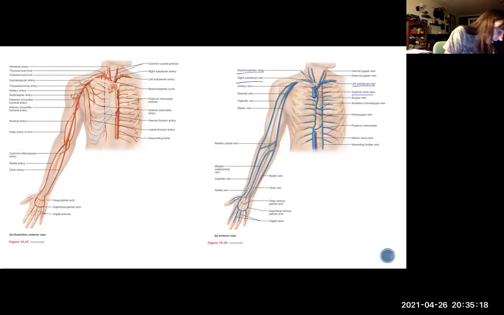Going down the right arm, the subclavian comes from the axillary, which comes from the convergence of the brachial, cephalic, and basilic veins. The cephalic and basilic veins come directly from the radial and the ulnar veins, respectively. Okay. Cephalic comes from the radial vein, and the basilic comes from the ulnar vein. Okay.